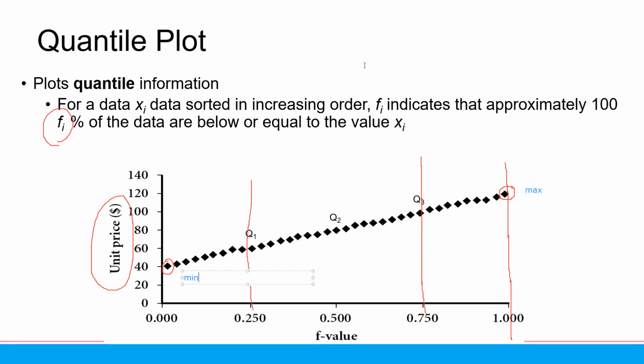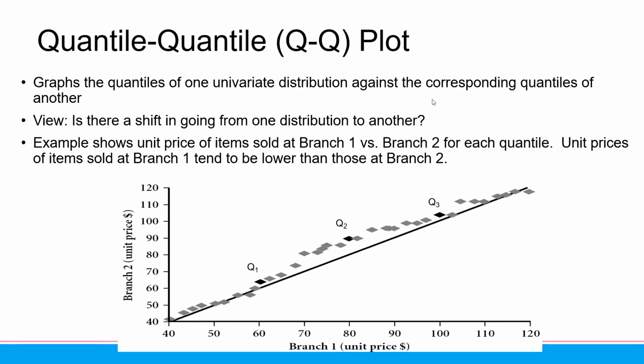You can also see the quantile-quantile plot. Suppose I want to check. It is the graph of the quantiles of one univariate distribution against the corresponding quantiles of another. Let's say this one is the unit price of brand number 2, and this is the unit price of brand number 1.